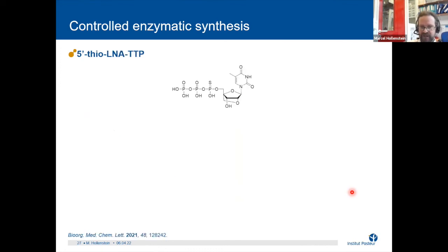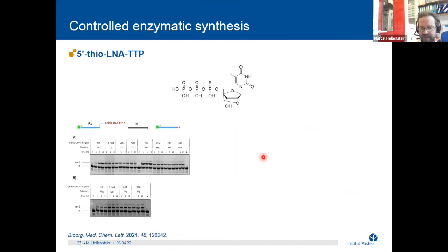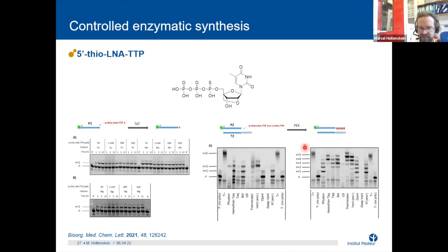In the course of these experiments, and this is going to be my last scientific slide, we also made this phosphorothioate containing LNA nucleotide. And we could show that it was a substrate for polymerases, though there was a stereo preference for the S diastereomer, which is not the case for the canonical nucleotide, which is readily incorporated into DNA.